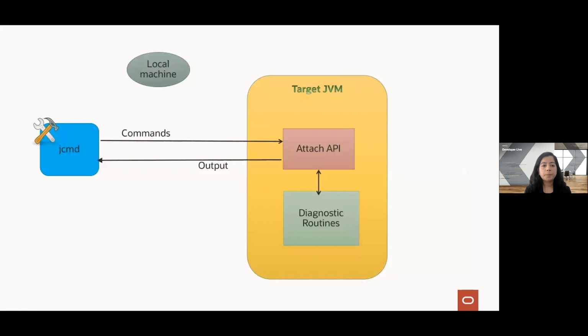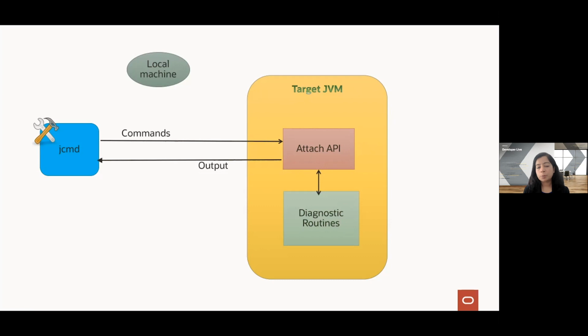Okay, so how does jcommand communicate with the target JVM to pass on the commands, execute those commands, and get the output? As I said, jcommand uses the attach API to connect to a target JVM, and using this attach API, it sends over the commands that are available in that target JVM.